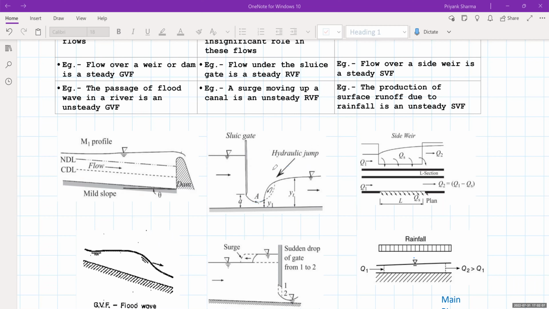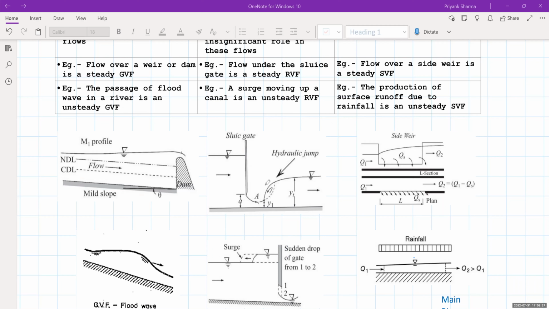However, it is a steady RVF. But when you look at the other side of the sluice gate, where you suddenly close the sluice gate, there will be a wave propagation here, and that will be an unsteady RVF. So that is the difference between a steady and unsteady RVF.